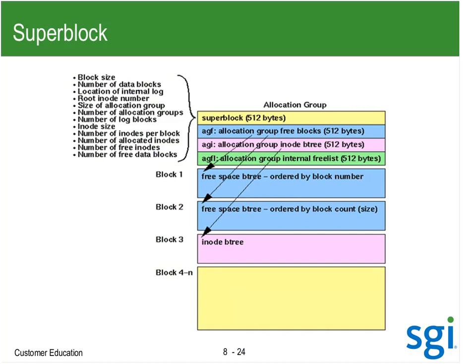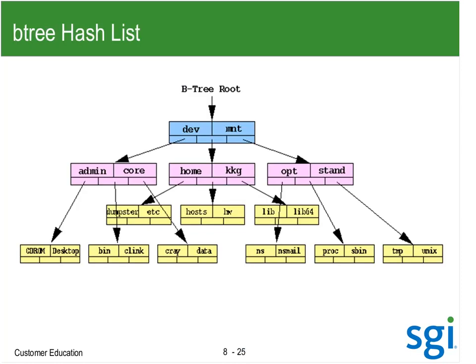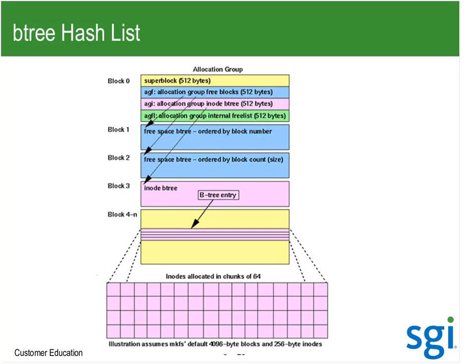So this is just trying to show what's in a super block. I don't really care about that. And then this is just describing a B tree. And then inodes are allocated in chunks by default. makeFS assumes 4 KB file system sizes, so a default inode size of 256 is going to be chunks of 64 at a time when we manipulate them.